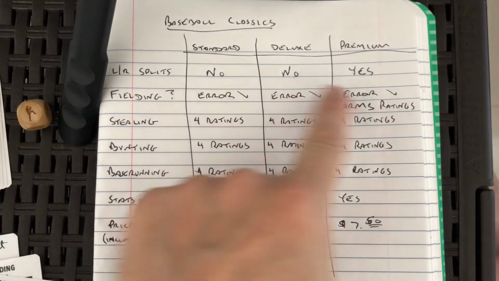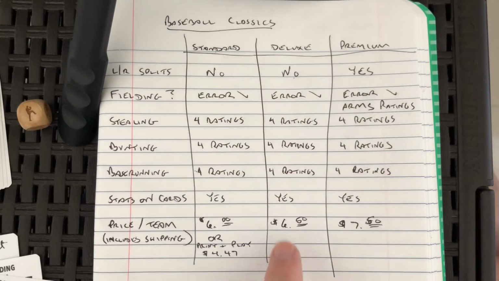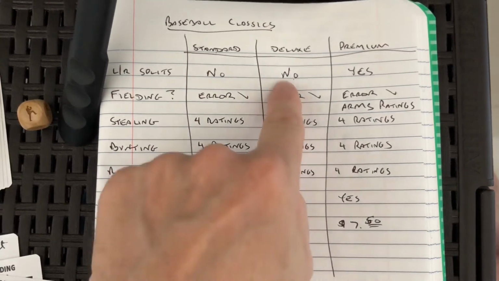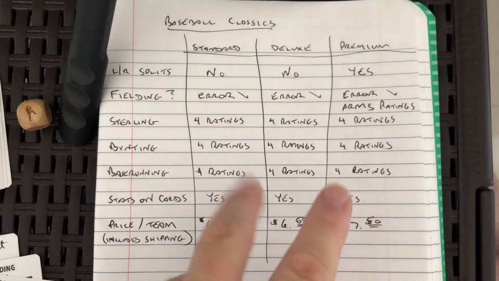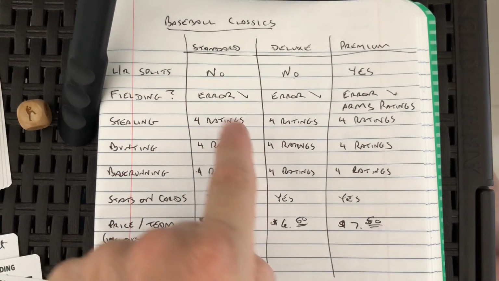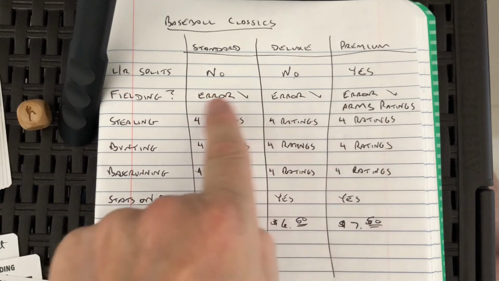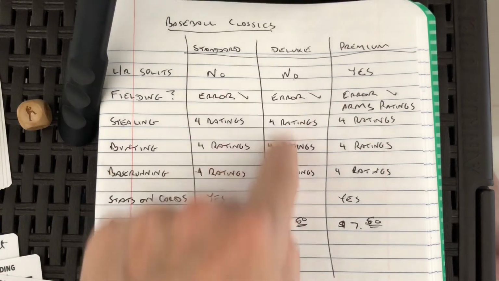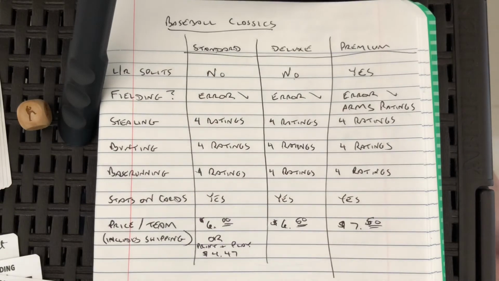If you choose the deluxe, the instructions that you get have been revised a little bit. They used to be split sort of between standard and premium. They have to get some more information about the deluxe in there.